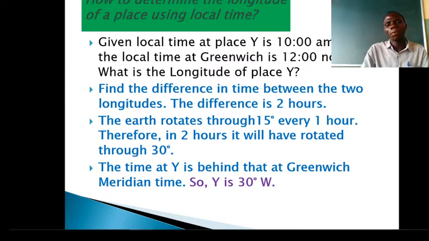This is the reason why it is located at 30 degrees west. When I say west, it is west of Greenwich meridian. This is how you determine the longitude of a place using the local time.